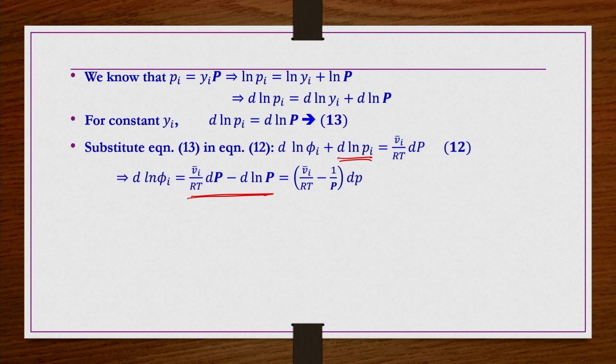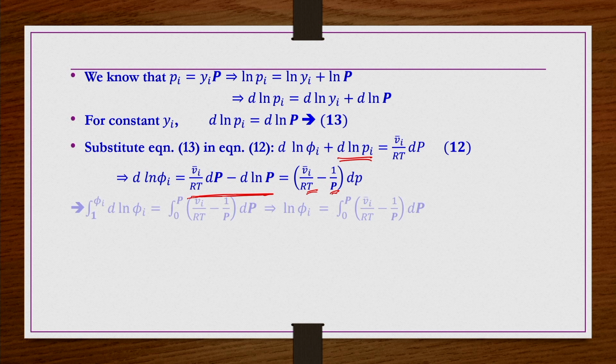The only things you need to know are the total pressure of the system, the constant temperature at which you are calculating the fugacity coefficient, and Vi bar, the partial molar volume, which you can get from volumetric data. So now we have a direct relation between the fugacity coefficient of component i and measurable properties such as temperature, pressure and composition.